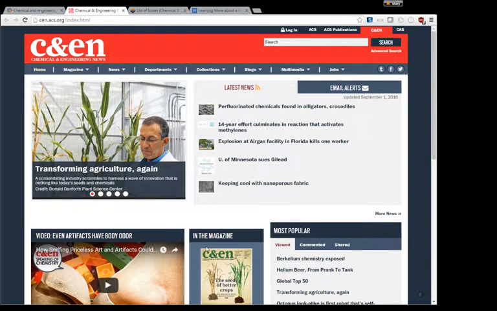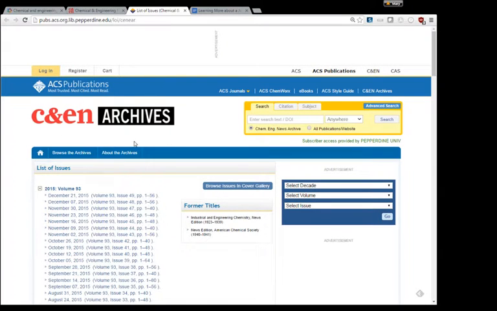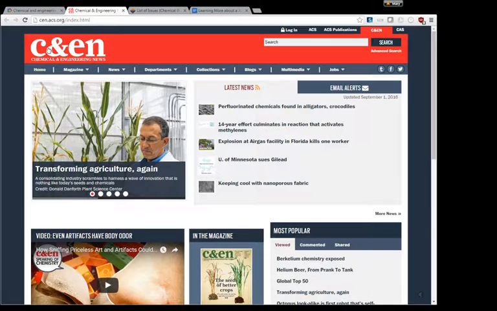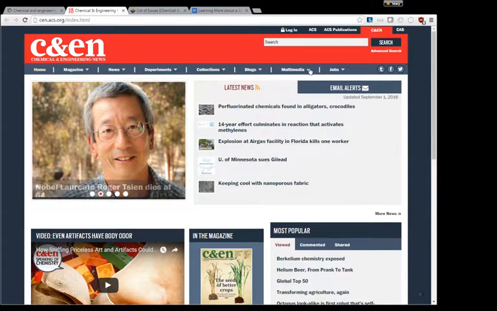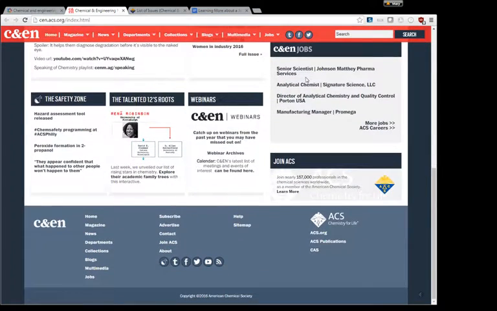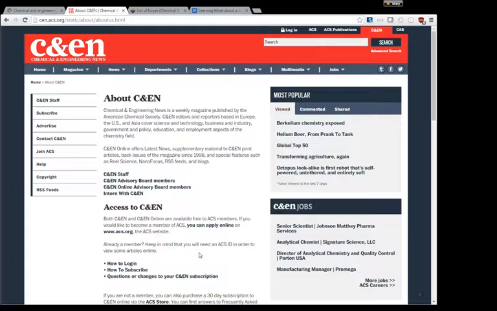And the most recent articles are actually found here. There's some back issues found in the ACS platform, but the Chemical and Engineering News is its own little website. So I don't see the About section here. I have to scroll down to About, down at the very bottom, like you do with most websites.